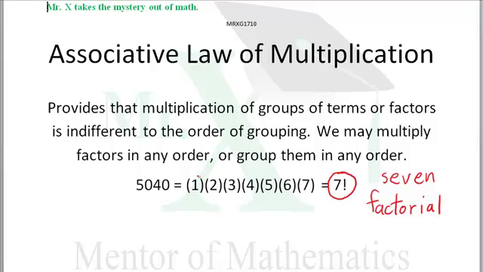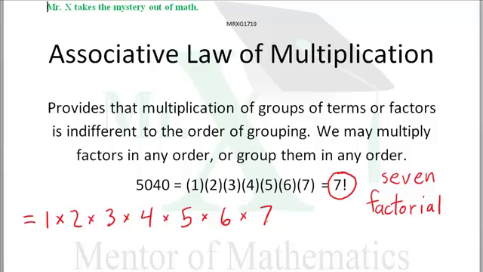Yes, this is yet another way to say multiply these numbers together. This is the same as 1 times, that's a multiplication X, 2 times, 3 times, 4 times, 5 times, 6 times, 7. Multiply those all together and you get 5040.